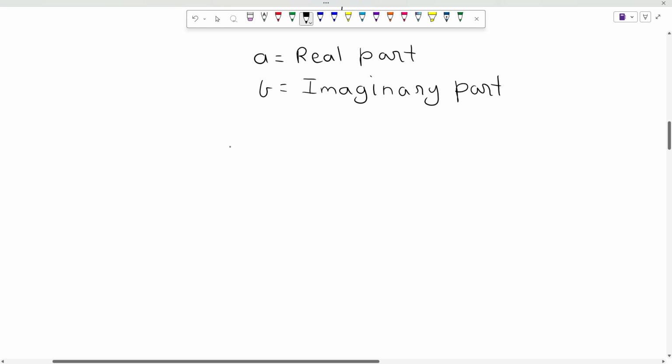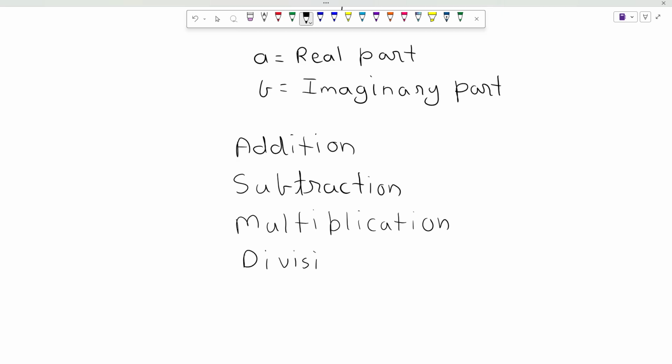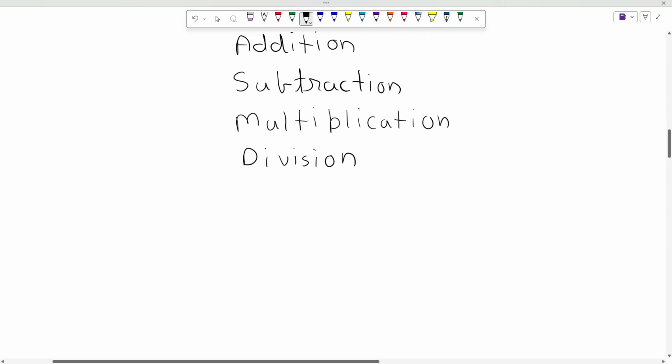So there are four operations on a real number, which are addition, subtraction, multiplication, and division. Now let us see addition.